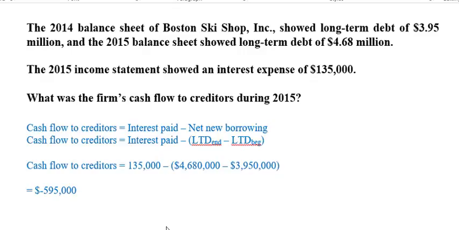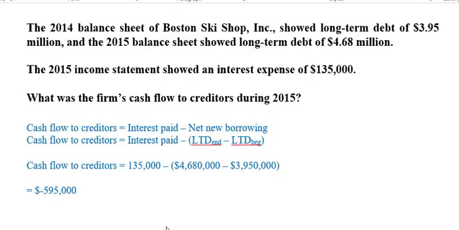So the way we look at it is we look at cash flow to creditors. We say the interest paid minus any new borrowing. Our interest is paid kind of like you would pay to a credit card company or to a mortgage company for your mortgage on your house or your car payment, that interest that you're paying.